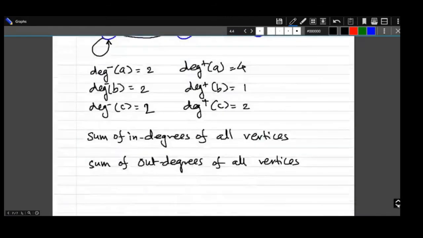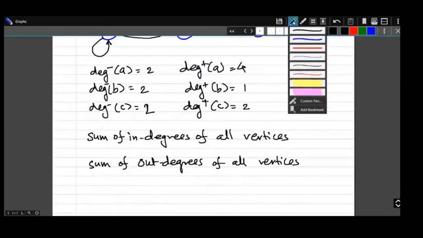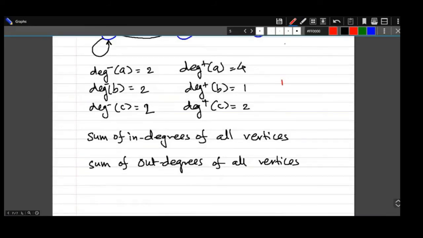Let's say you have A and you have B. If you put a directed edge, the out degree is 1 over here and the in degree is 1 over here. If you put one more edge over here, the out degree will be 1 and the in degree will be 1.